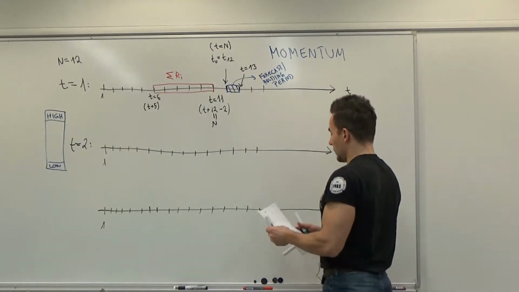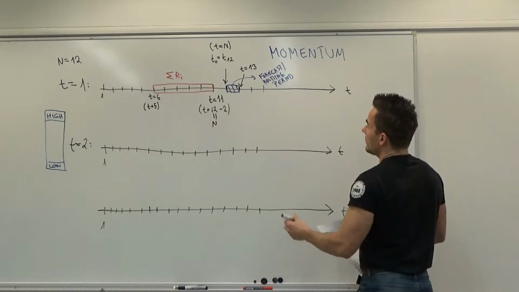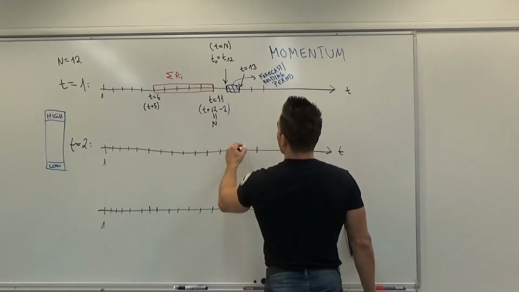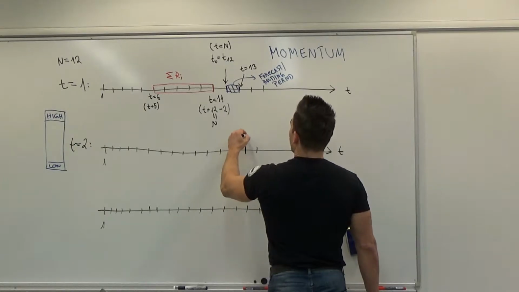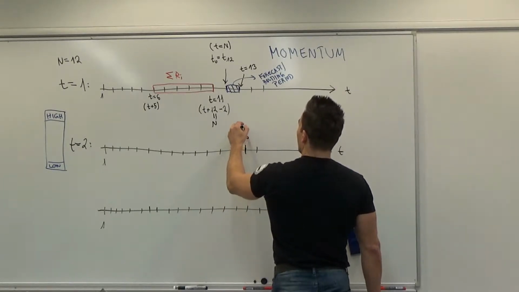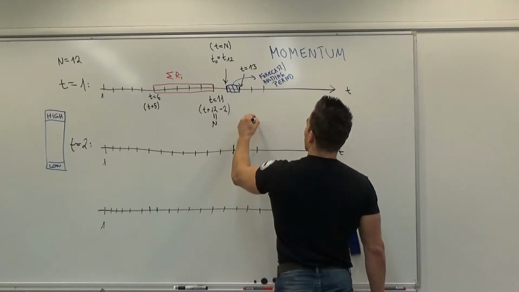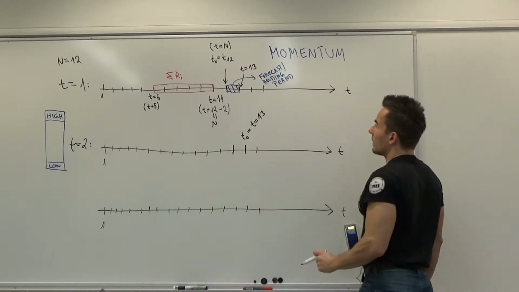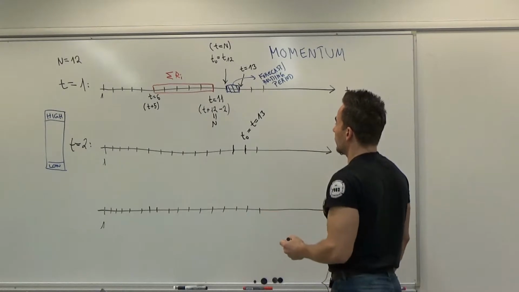So what happens then? Our T0 moves from t is 12 until t is 13. Now our T0, where we are today, is here, and in our timeline that's t equal to 13. Now we move one month ahead.